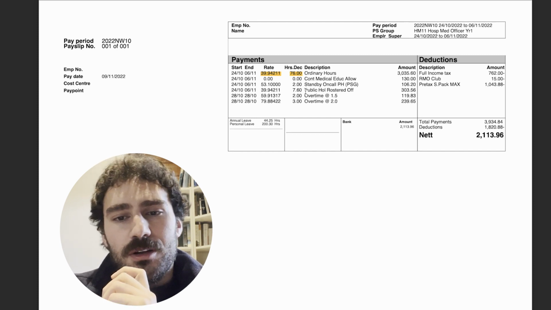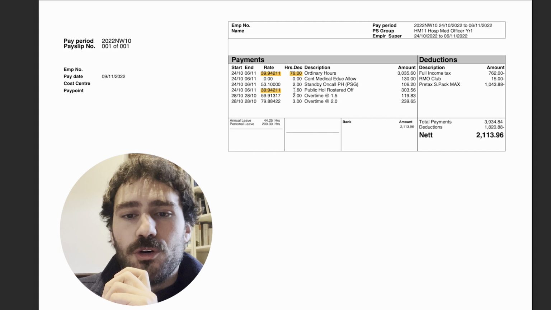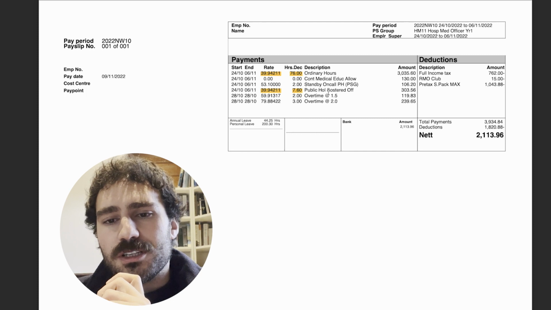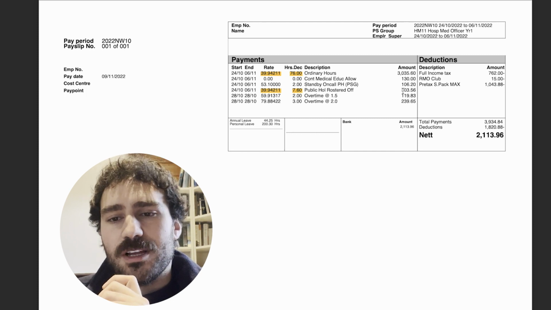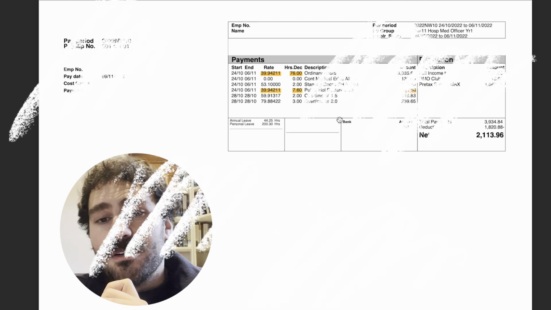So that's why I got paid this amount here. So I was still paid the same hourly rate as my normal hours, and the amount of hours that I was rostered for that public holiday were just a little under 8. So that's why I still got money for that public holiday, even though I didn't work, which is pretty nice.